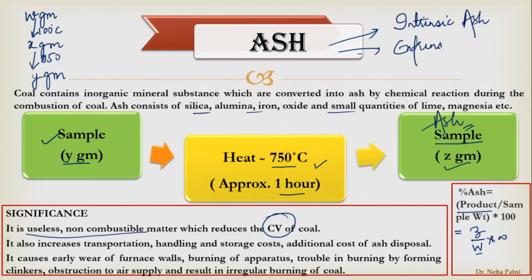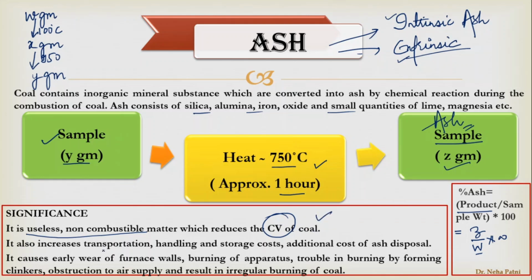So with the help of this particular value, we can decide whether the ash is internal, like if it is present in the composition of fuel, or it is external, meaning it has come into the fuel due to external causes, like while traveling or while storage, some dust gets attached to the fuel, and then that comes as ash at the end. So if it is extrinsic, you may take care of those parameters and you can reduce the amount of ash. So that is why we need to know which type it is and how much, so that we can target the calorific value of coal.